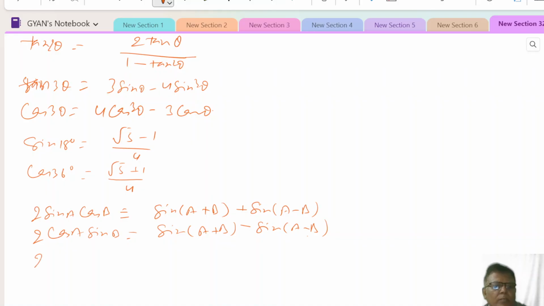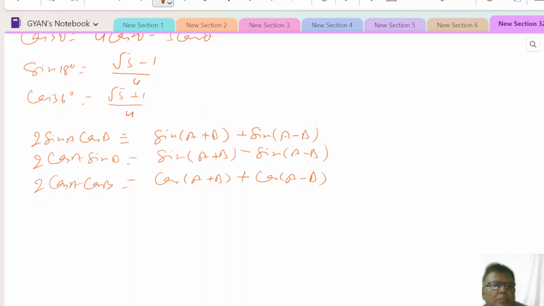Now 2 cos A into cos B is equal to cos (A plus B) plus cos (A minus B), and 2 sin A into sin B is equal to cos (A minus B) first, and then minus cos (A plus B).